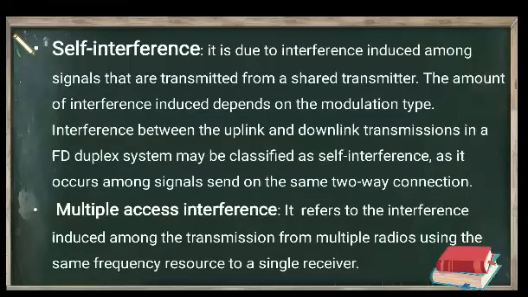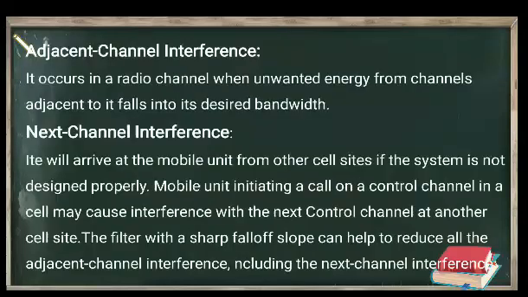Next one, multiple access interference. It refers to the interference induced among the transmissions from multiple radios, meaning frequencies, using the same frequency resources. From the same base station a number of frequencies are generated, and due to that, interference is also caused.